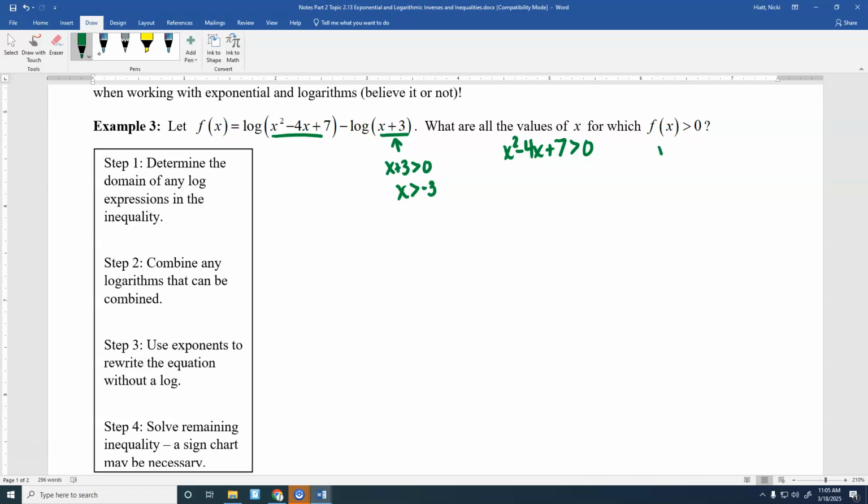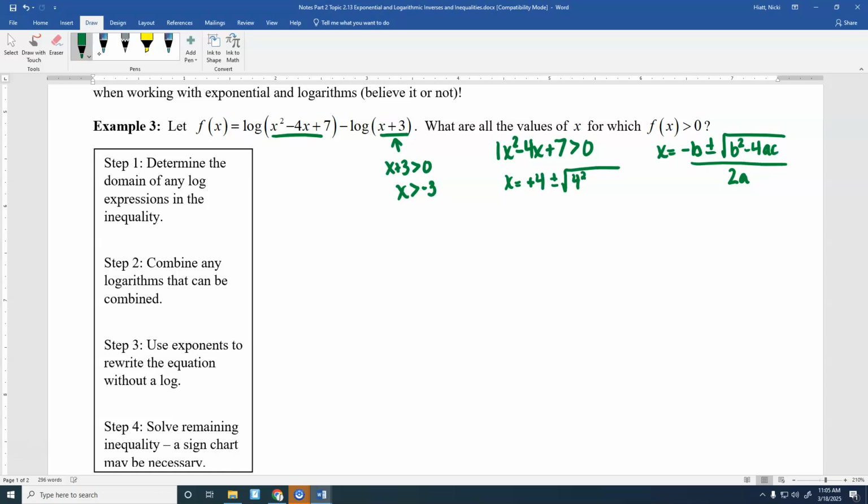So quadratic formula is x equals negative b plus or minus square root b squared minus 4ac all over 2a. And your a is 1, your b is negative 4, your c is 7. So you're going to have x equals positive 4 plus or minus square root.